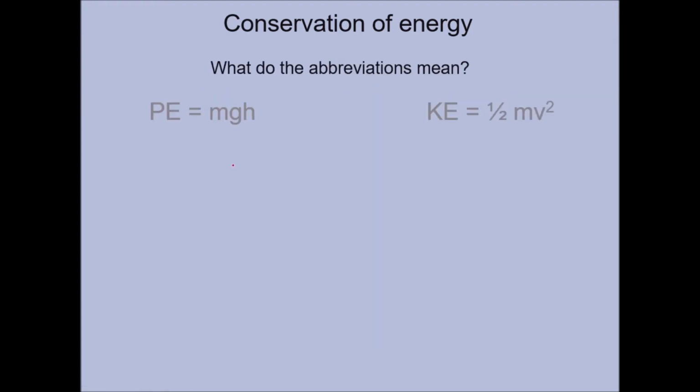Now again, on your formula sheets you'll see potential energy and you'll have the formula for that, and then kinetic energy, you'll have the formula for that. So let's just work our way through here. Now we've got m in there, and m is equal to the mass, and we'll get our units for mass in there, which is in kilograms.